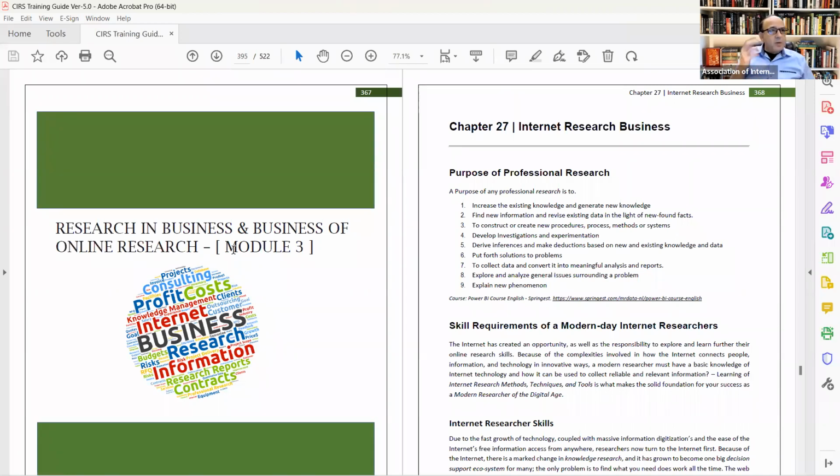Then we'll talk about opportunities like I mentioned, working with subcontractors or where you would go to online portals. Some of the typical companies that are hiring research analysts or researchers for those different areas will be talked about.